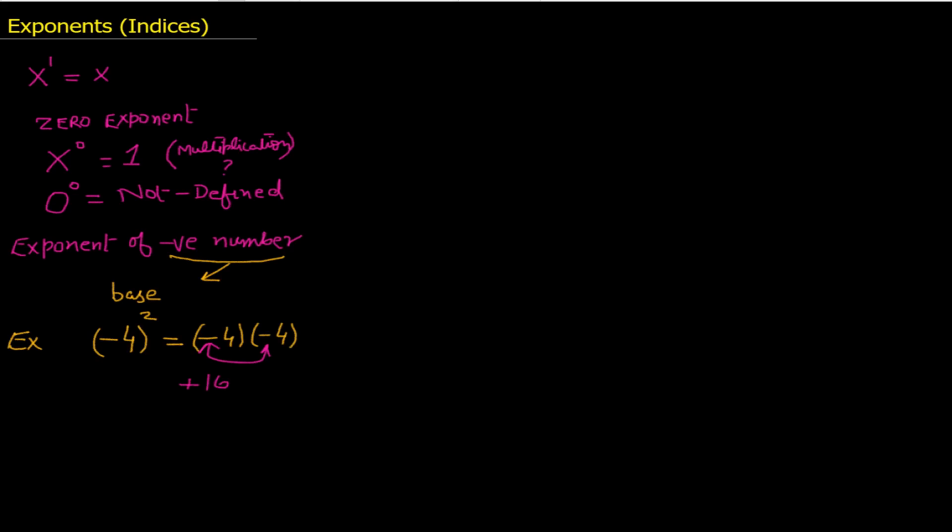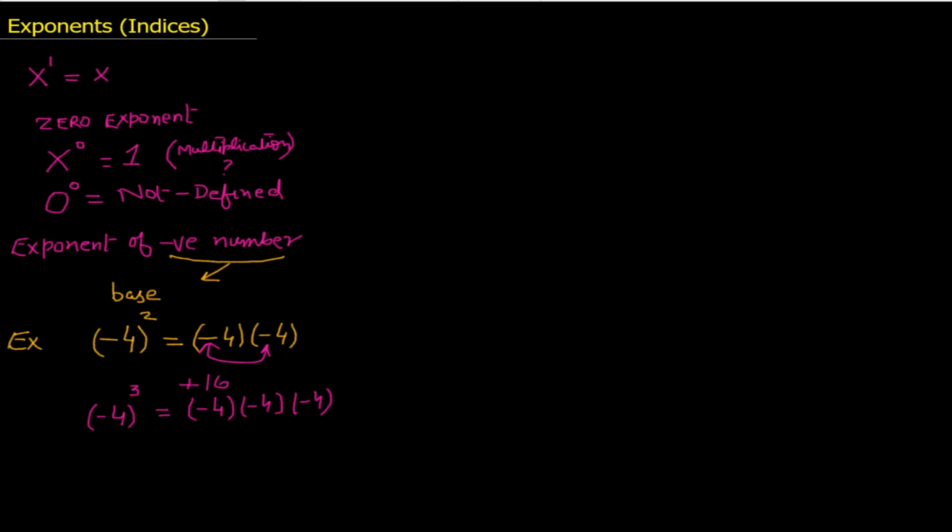So now we have another situation: what about if we had -4 raised to the power 3? What would be the answer? Again, multiply it 3 times: -4 multiplied by -4 multiplied by -4.